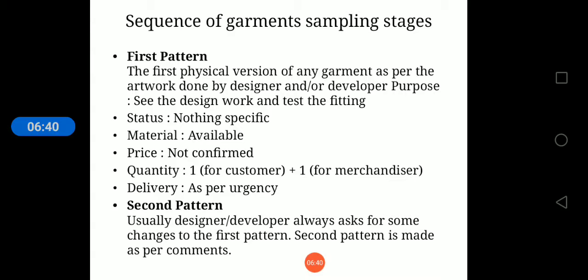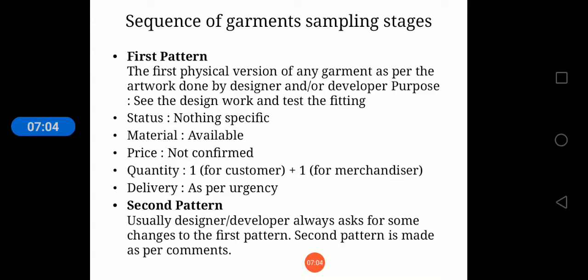Material available. Price not confirmed. Quantity: one for customer and one for merchandiser. Delivery as per urgency. Second pattern: usually the designer or developer always asks for some changes to the first pattern, and the second pattern is made as per comments.